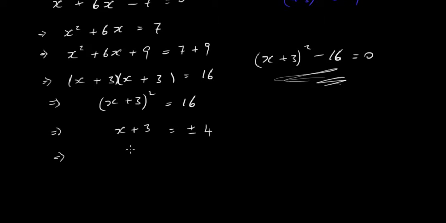That will give me then x equal to, bring this 3 over here, we get minus 3 plus or minus 4. That gives us two x values. x is equal to minus 3 minus 4, that gives us minus 7. Or we have minus 3 plus 4.